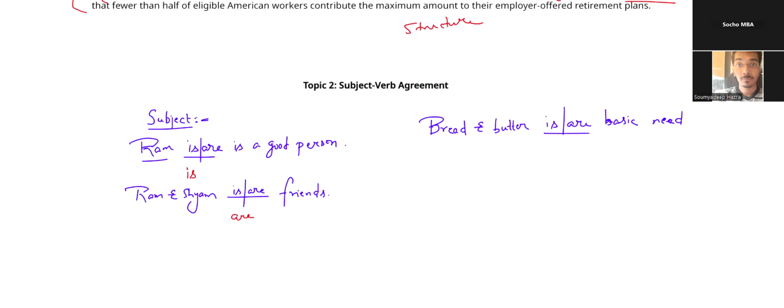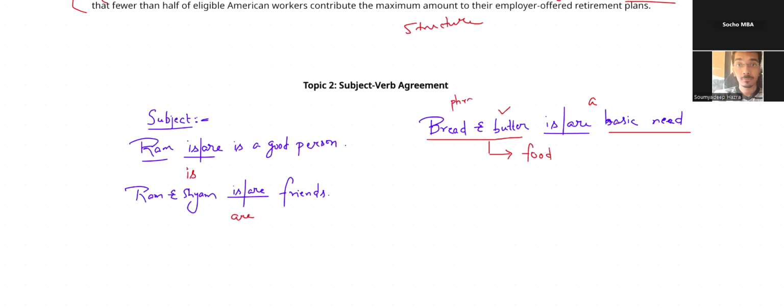See, why are we taking this collectively in terms of meaning? Because it is a basic need, right? We are talking about bread and butter, which means food in different terms. This is a phrase which signifies food.